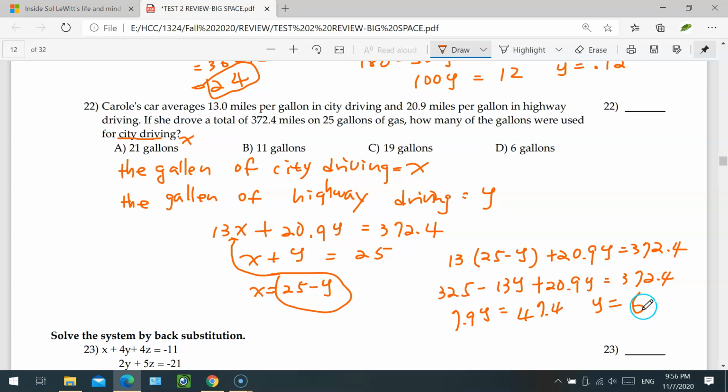So 6 represents the gallons of highway driving. They want to know the city driving, so the x, we go back here. x plus y is 25, and we know y is 6. So x is equal to 19 gallons. So C is the correct answer.